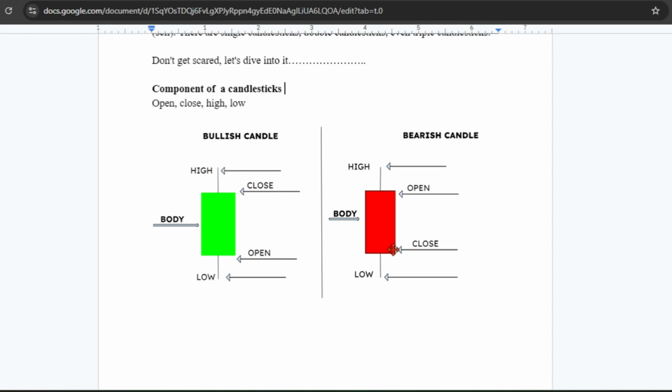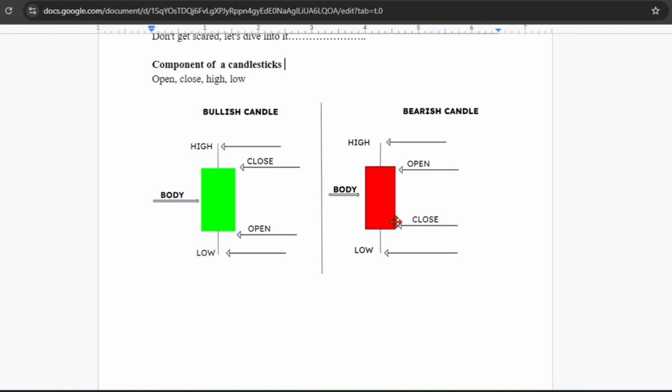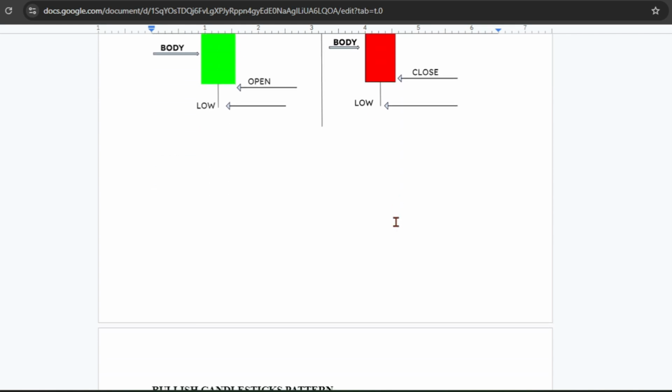So when we get to some other differences in candlesticks, we are going to see some that are smaller in size and some that are bigger in size. Let's continue our learning. I hope you understand this now. If not, don't worry, I'm still going to show us practical examples.